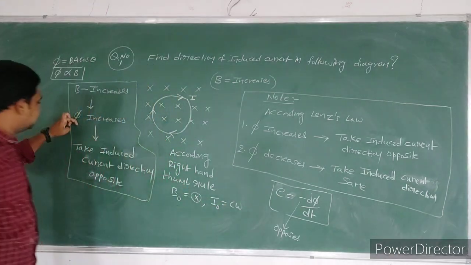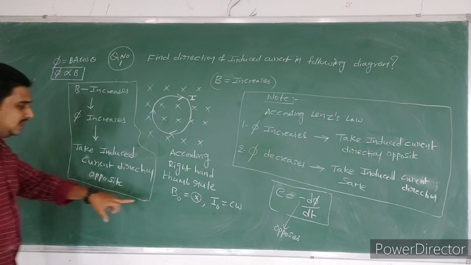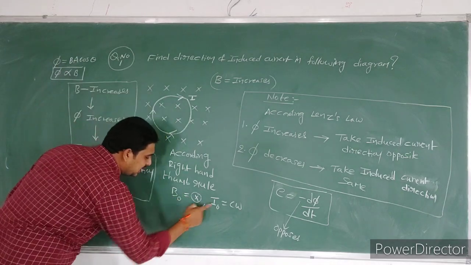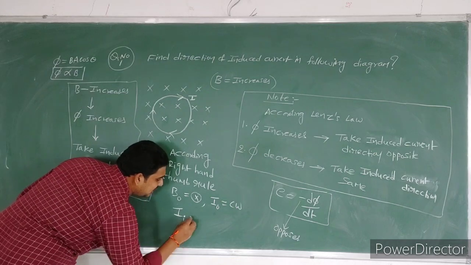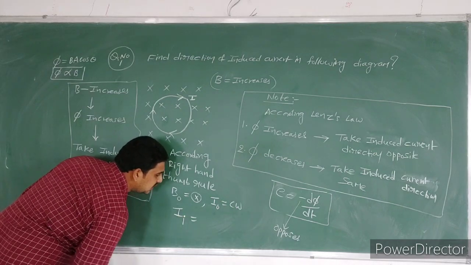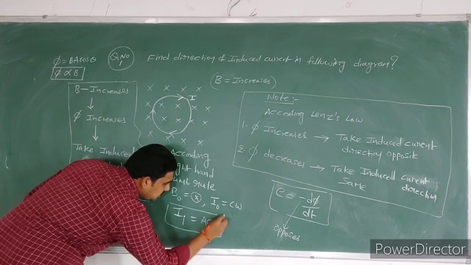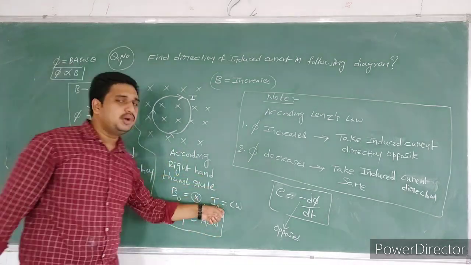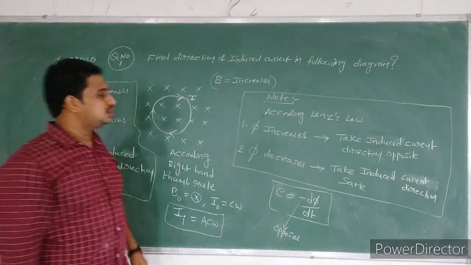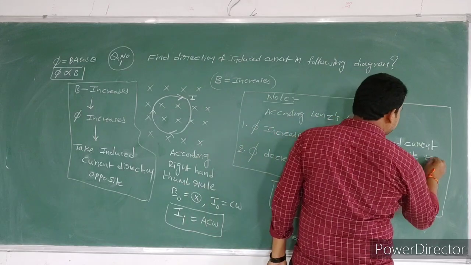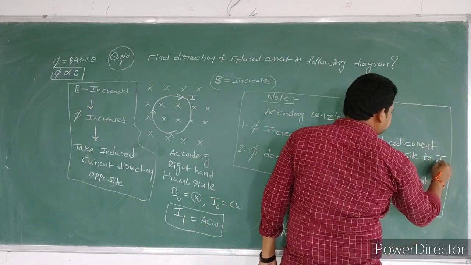Here flux increases, so we take the induced current direction opposite. That means this is the original current direction. Now the induced current direction, small i means induced current, is anti-clockwise, because we consider it opposite to the original current direction. Take the induced current direction opposite to I naught.